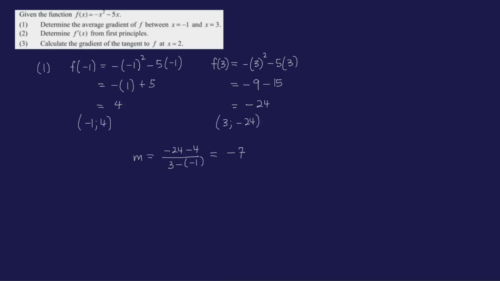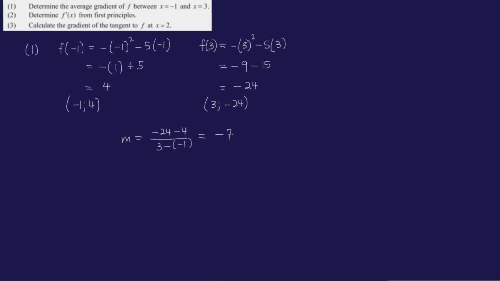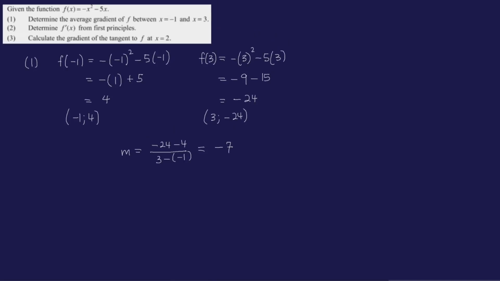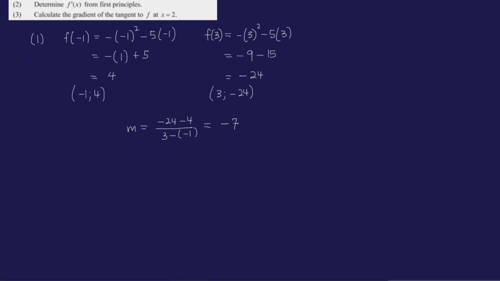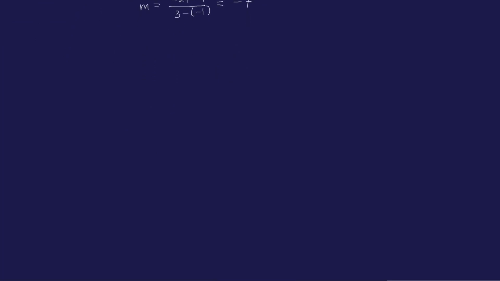Question 2, determine f prime x from first principles. Okay, so let's do that. So again, f of x is equal to minus x squared minus 5x. F of x plus h will equal minus x plus h all squared minus 5 into x plus h. Now we need to substitute into our formula.